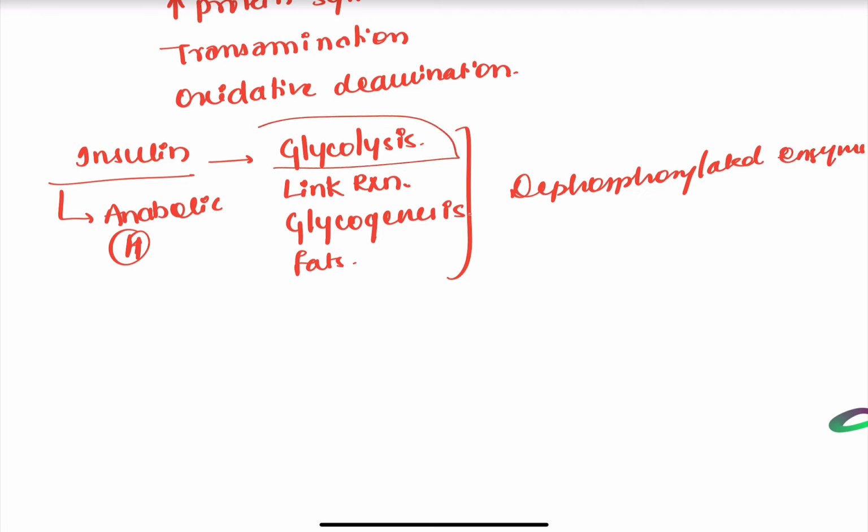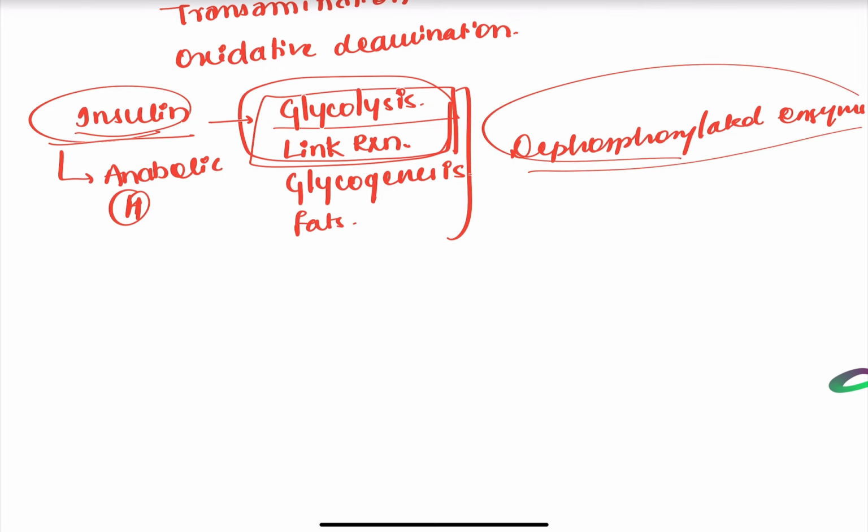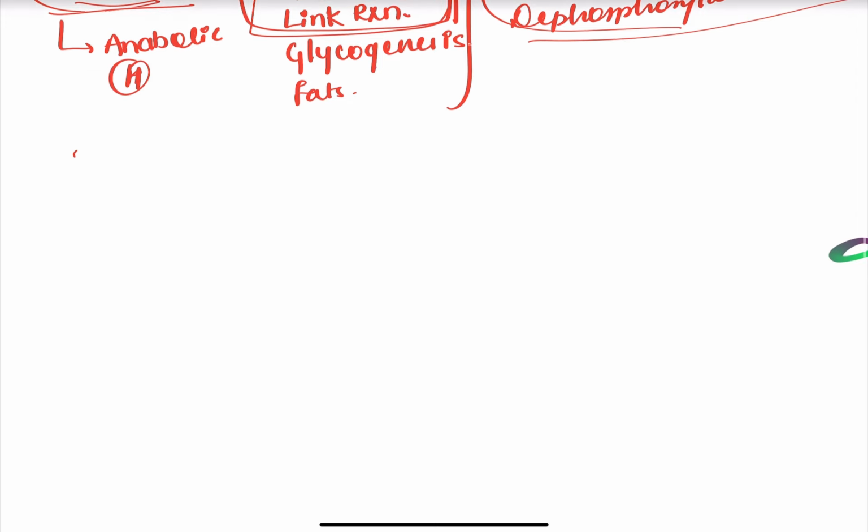So glycolysis and link reaction are commonly asked, that they are active in the presence of insulin, and dephosphorylated enzymes take part in the glycolysis and link reaction. Next, what is asked is, what are the metabolic fuels in fed state?